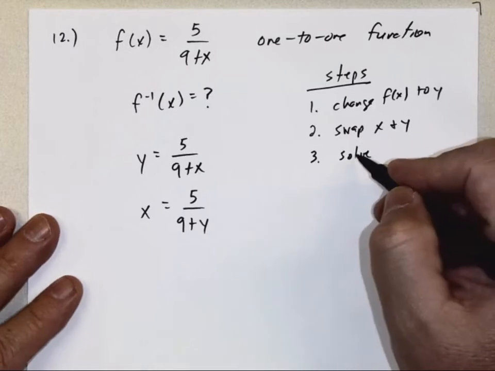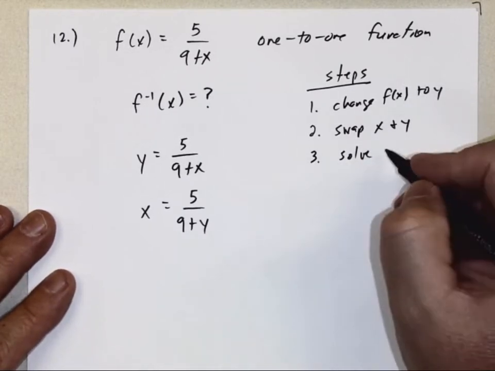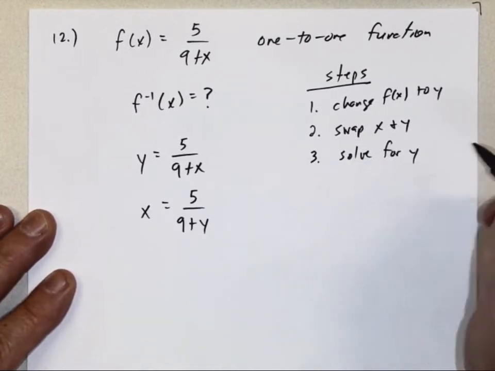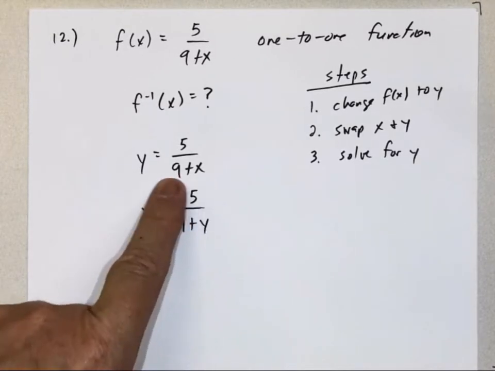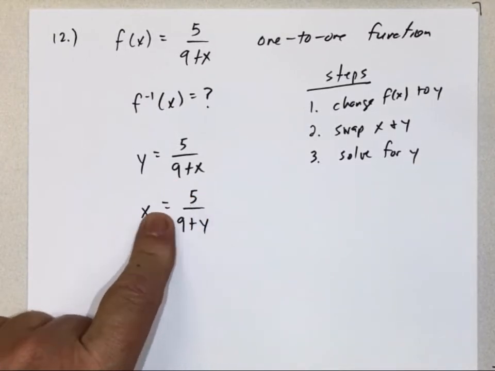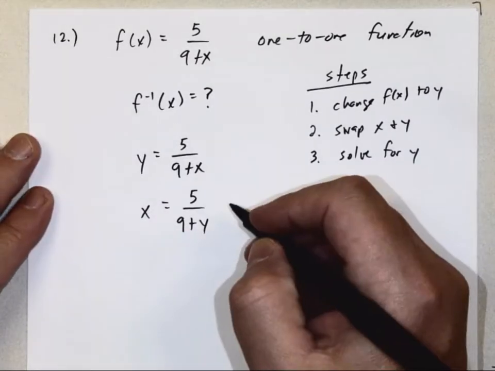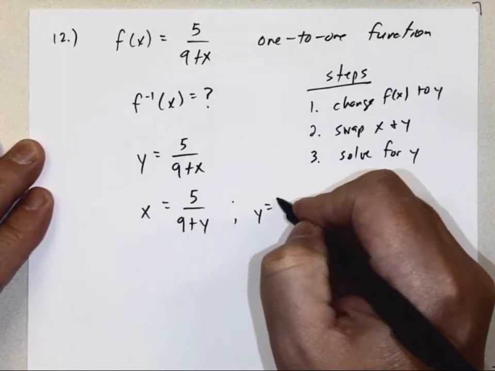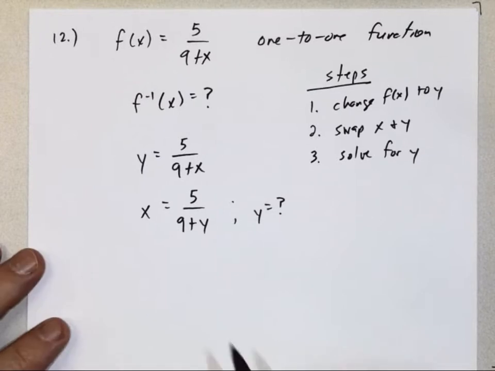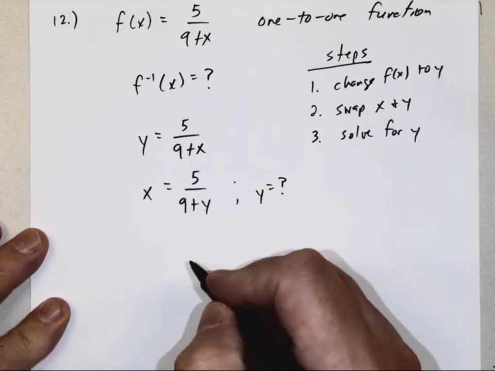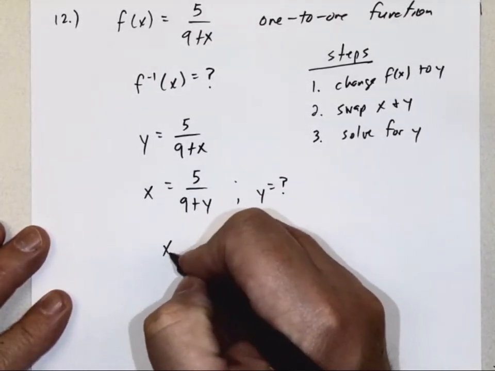The third step can be more difficult, still, because now we're going to solve for y, which basically means here's my expression, I want to get y equals something. Get y by itself on one side. So now this involves just some algebra.